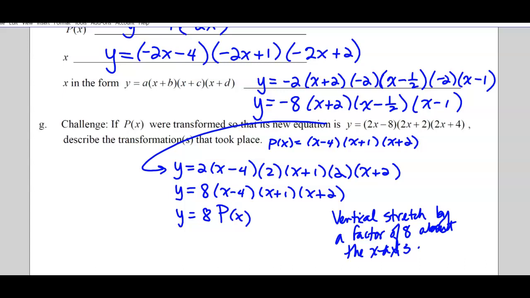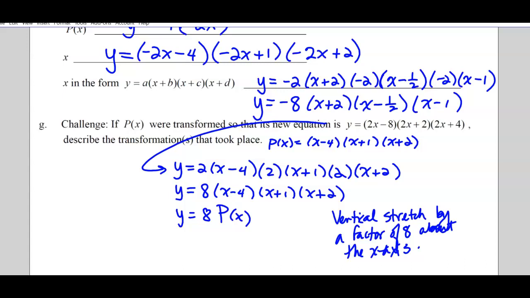Now, did you have to do that even? We knew by looking at this and getting the x-intercepts that they were the same as the original x-intercepts. What's the y-intercept of this function? All the first terms would go to 0, so it would be negative 8 times 2 times 4. 8 times negative 8 is negative 64. That would be your new y-intercept.